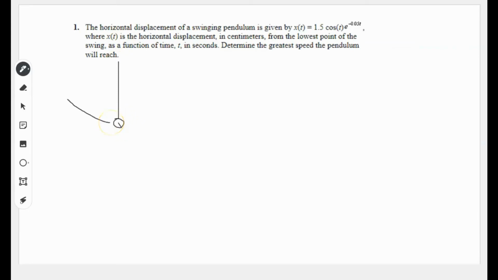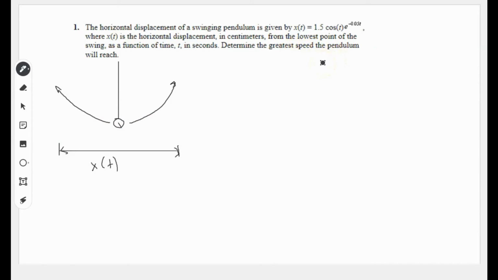Okay, well, it's going to go back and forth like this. But this is telling us our horizontal displacement going back and forth like this. That's what x of t is actually telling us. All right, in centimeters, from the lowest point on the swing, right here, as a function of time in seconds as it goes back and forth. Determine the greatest speed the pendulum will reach.